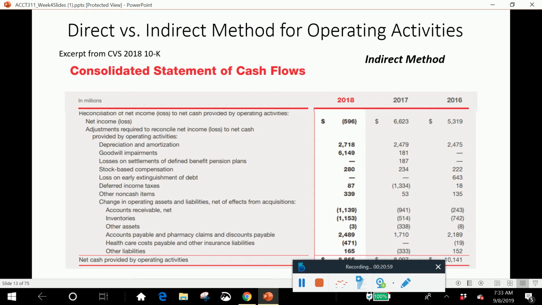Okay, the balance increased. Because the balance increased on the balance sheet, the cash flow impact was more outflows. So when you talk about the statement of cash flows, it's very important that you talk in terms of inflows and outflows.